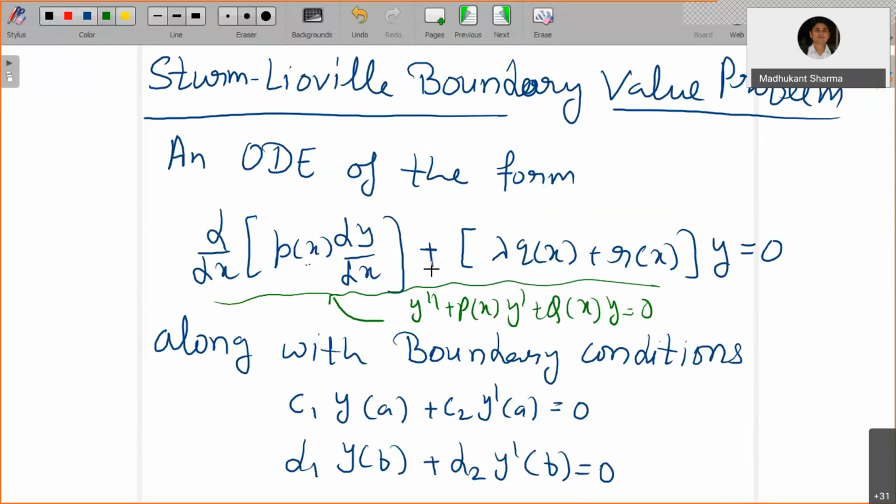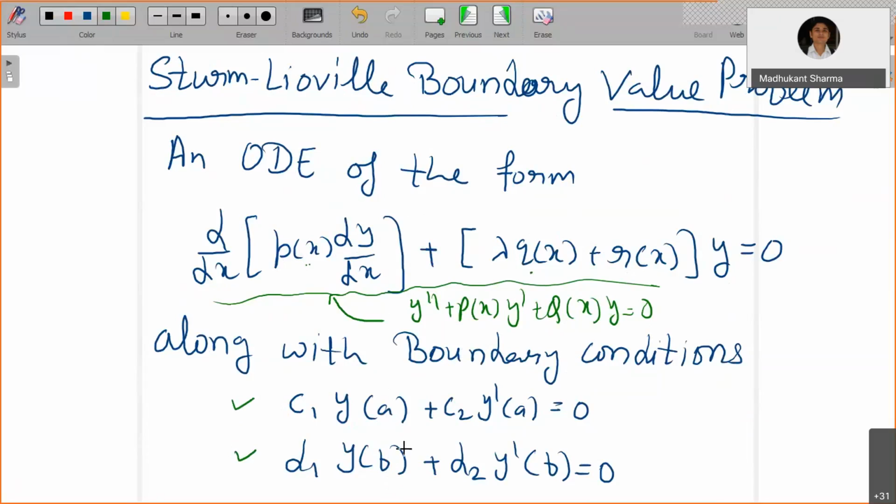Then we say this is a Sturm-Liouville boundary value problem, because you have been given the problem along with boundary conditions. Here at two points, x equals a and x equals b, you know the following boundary conditions.